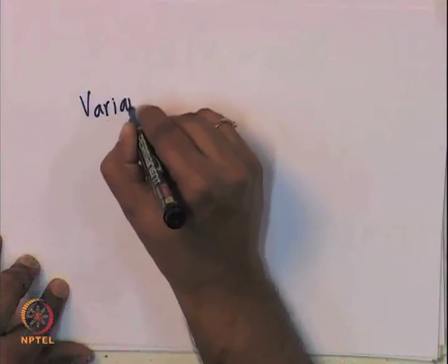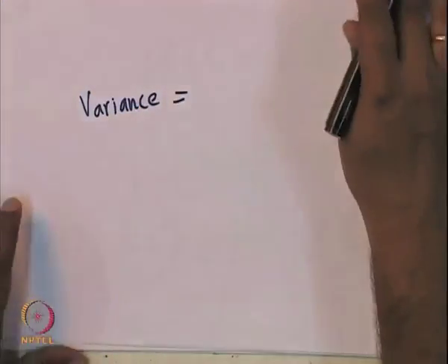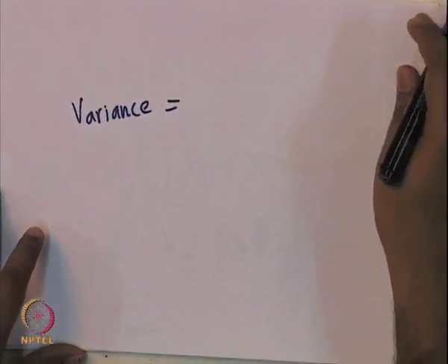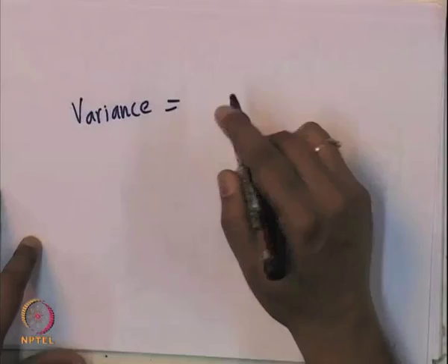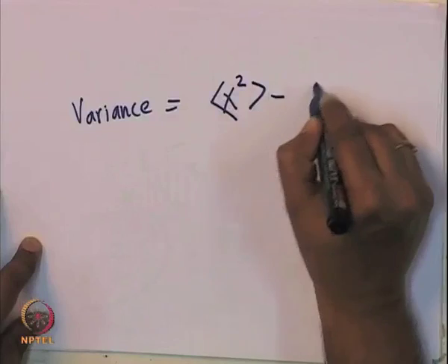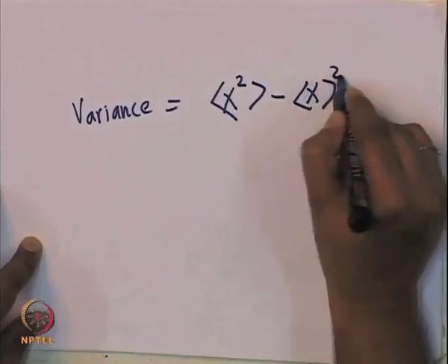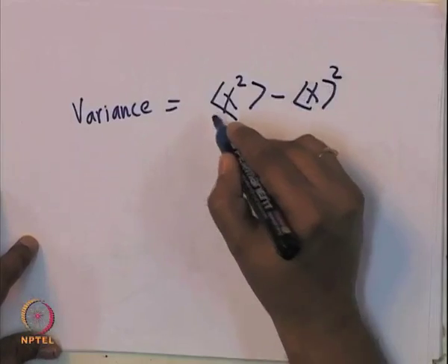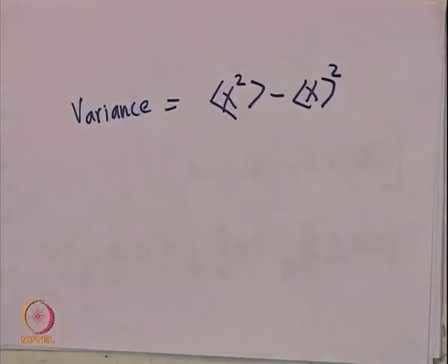The important formula is that variance, that is the mean square of deviation, is nothing but x square average minus x average square. Whenever I see this angular bracket, that means average.